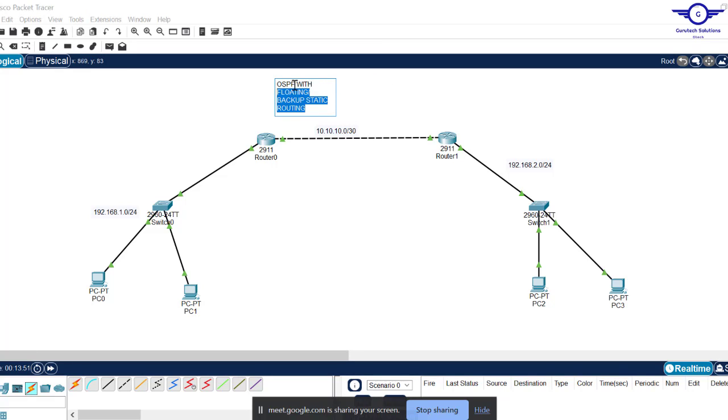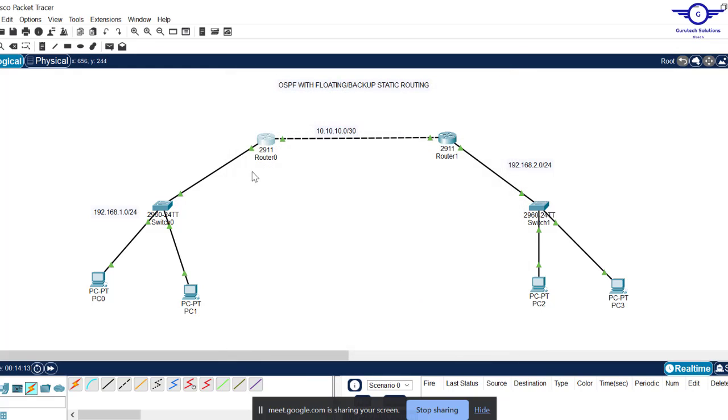So let's assume that OSPF suddenly fails. So what will help us? We have to use a floating or backup static route. So it's very important to use that one in any network. So I'm just going to start configuring OSPF.